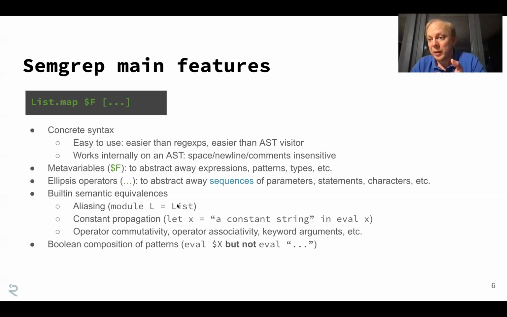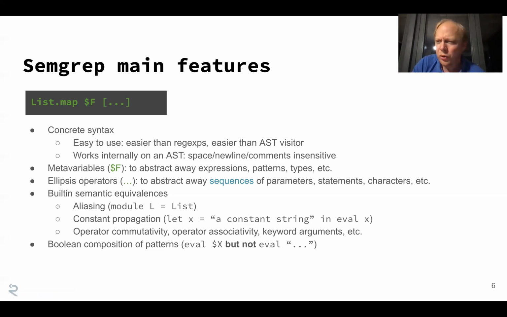And Semgrep knows about this equivalence. So if you write L.map, we will still find a match, even if the pattern is list.map, because we know syntactically they are different, but semantically they are the same.